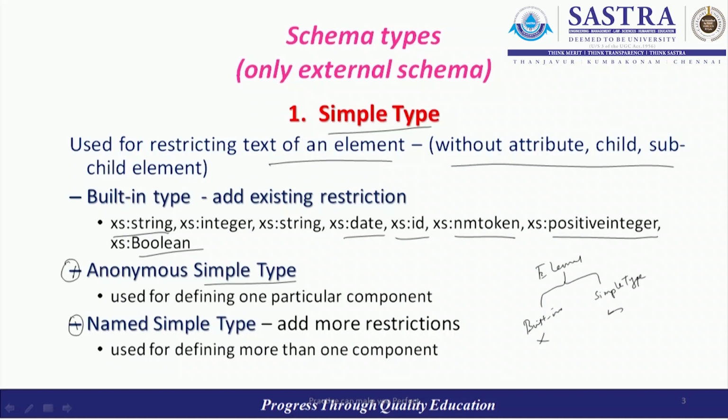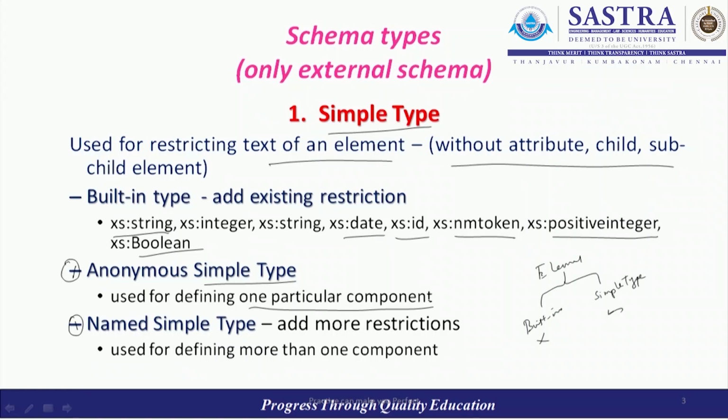The anonymous simple type is used for defining one particular element alone, because the place where we are going to include it is also important here. If the simple type definition is given for one particular element, there is no chance for reuse. We cannot reuse the created simple type definitions for other element definitions.